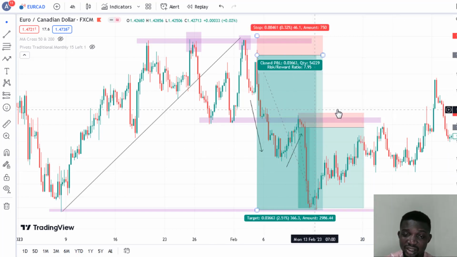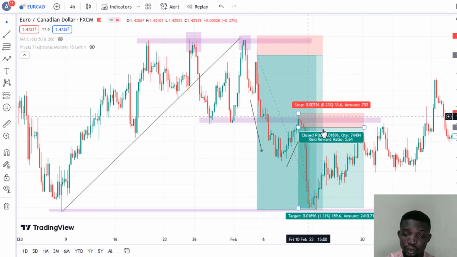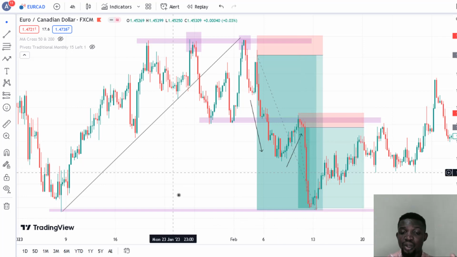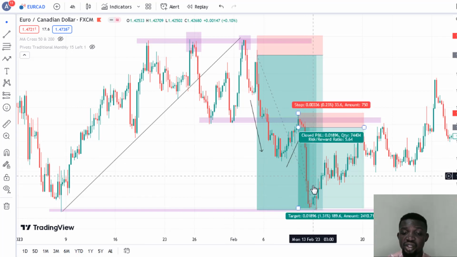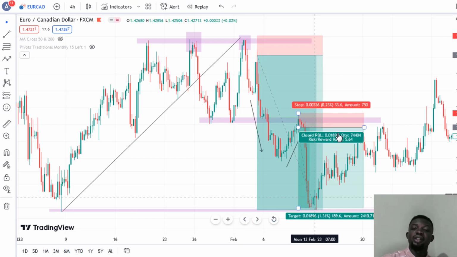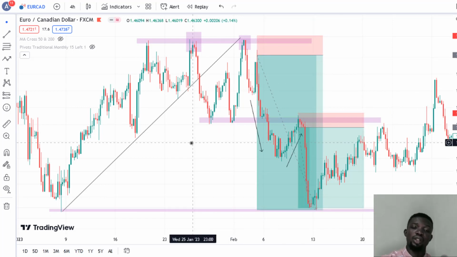As you can see, someone that enters from the retest there, you see we had a straight bearish candlestick to the support down here. This is how to trade both the head and shoulders pattern and the double top chart pattern.